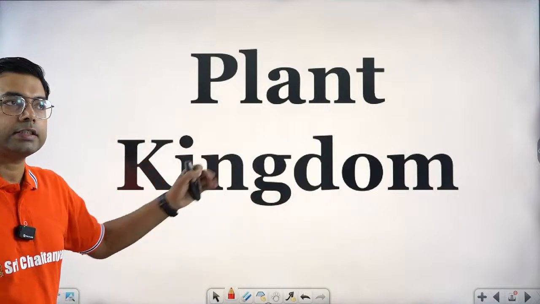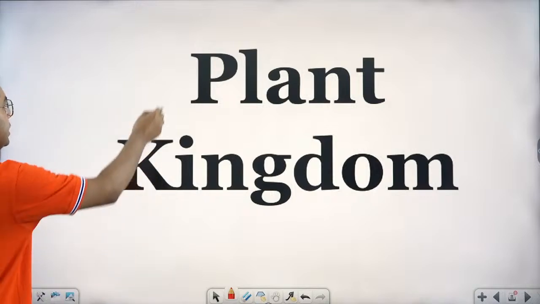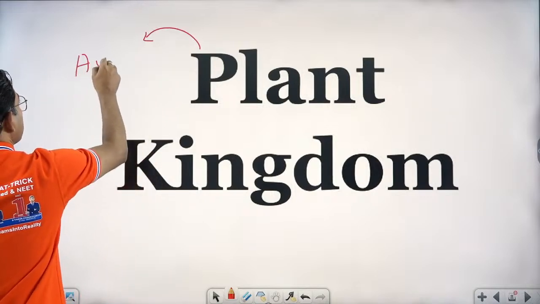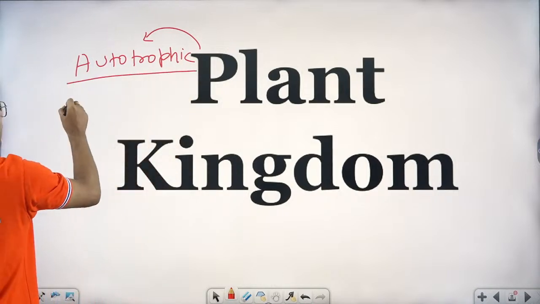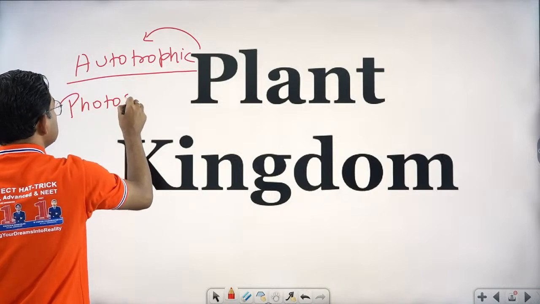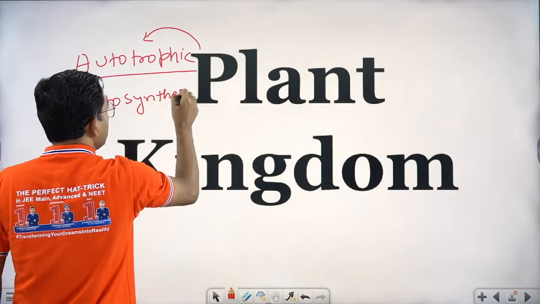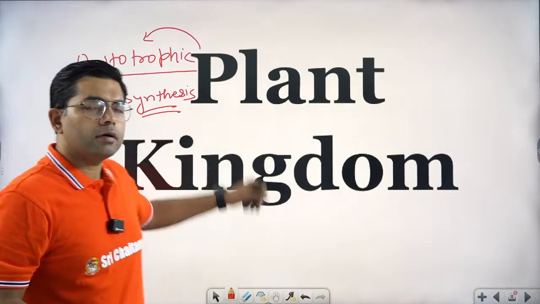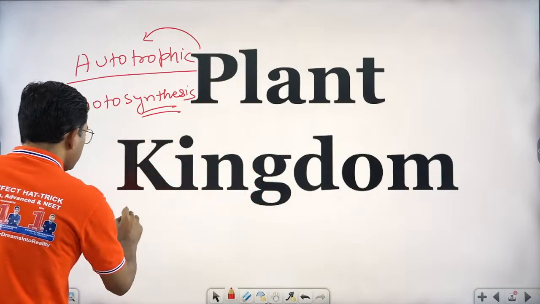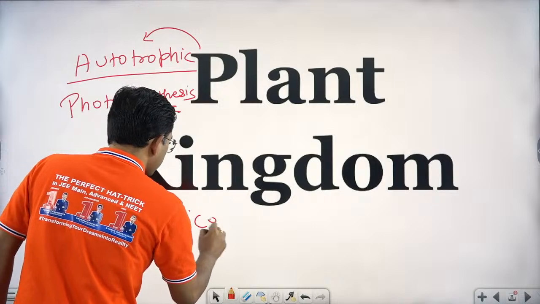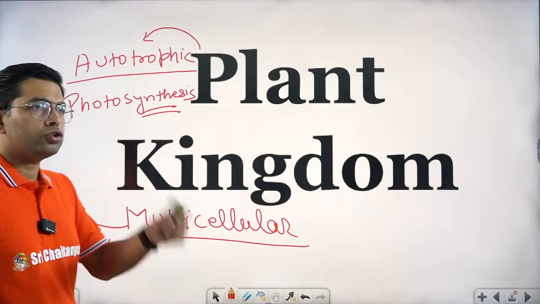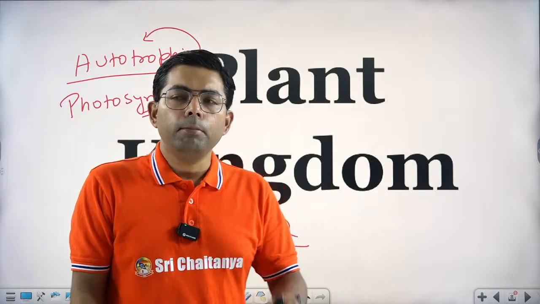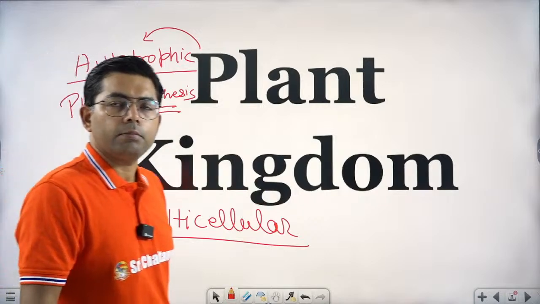Now, some of the characteristics of the plant kingdom are what? That they are autotrophic. Autotrophic means they will perform photosynthesis. This is the main characteristic of the plant kingdom. Plus, they will be mostly multicellular. So autotrophic and multicellular are the main characteristics of the plant kingdom.